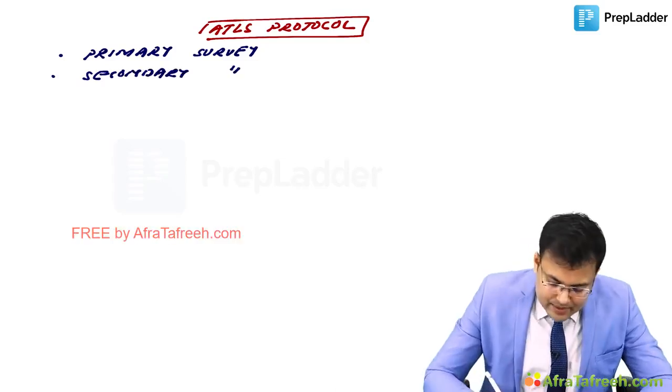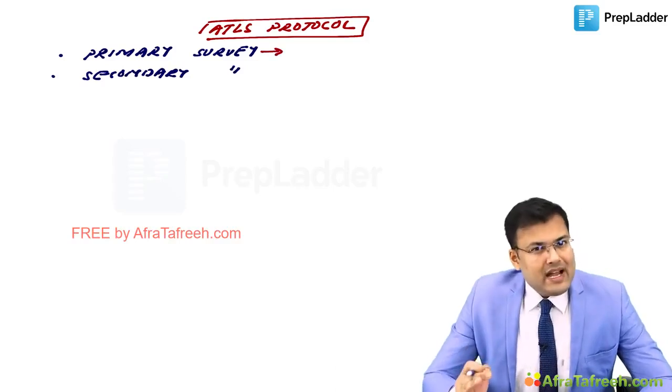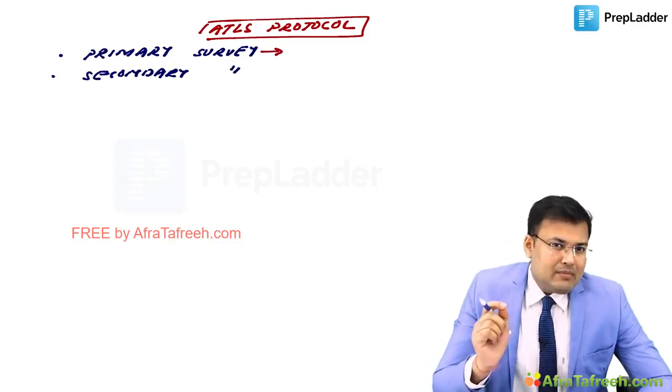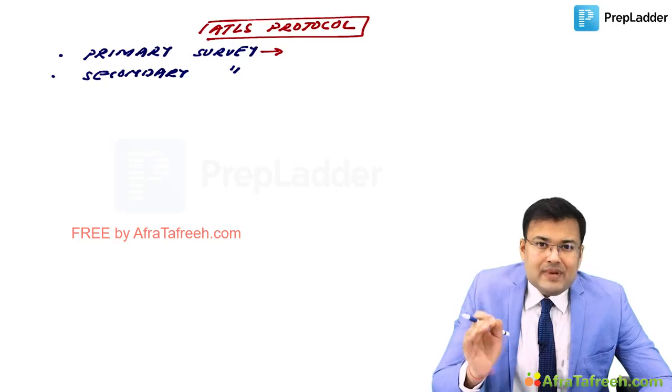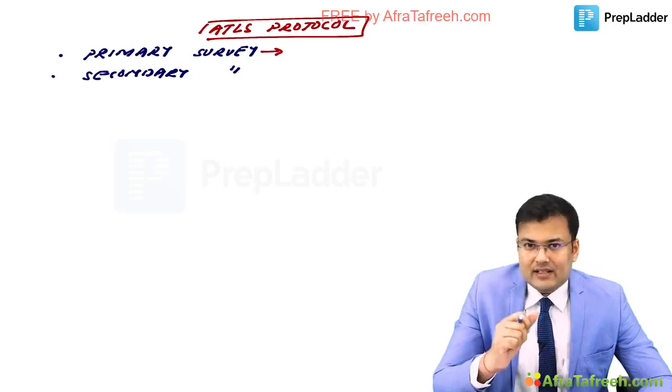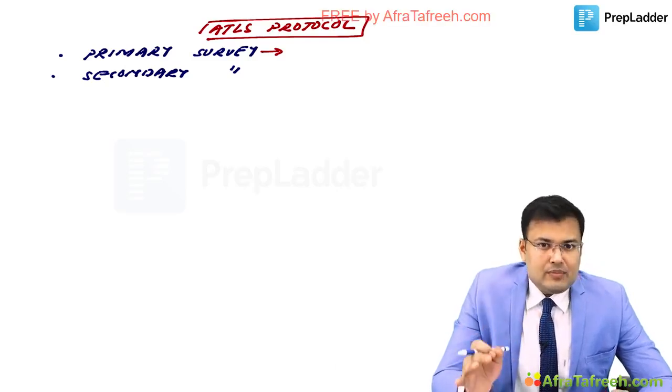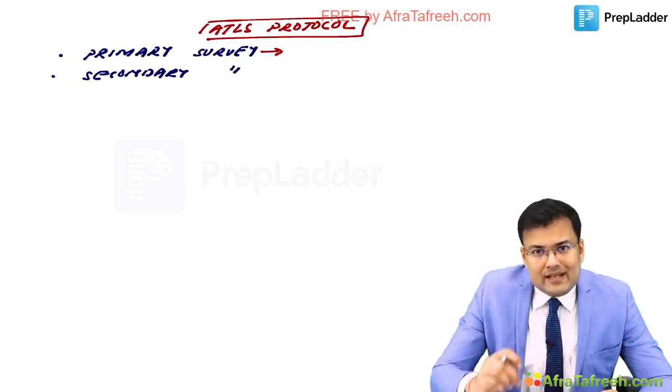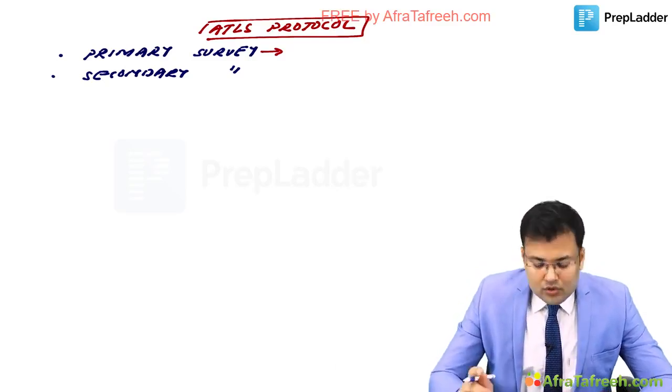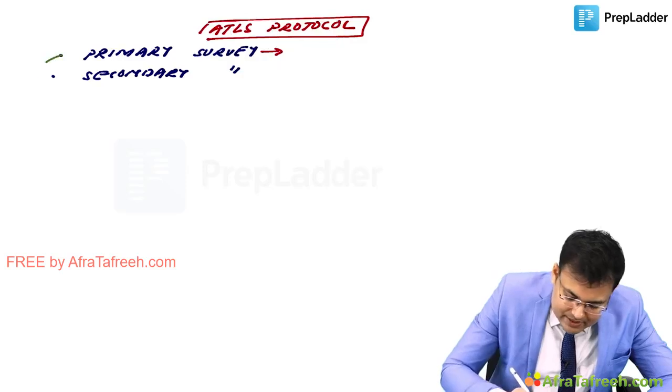Now see, this primary survey is aimed at detecting and simultaneously treating immediately life-threatening injuries, because if intervention is not provided within time, the patient might die shortly. Clear? So what is included in this primary survey?